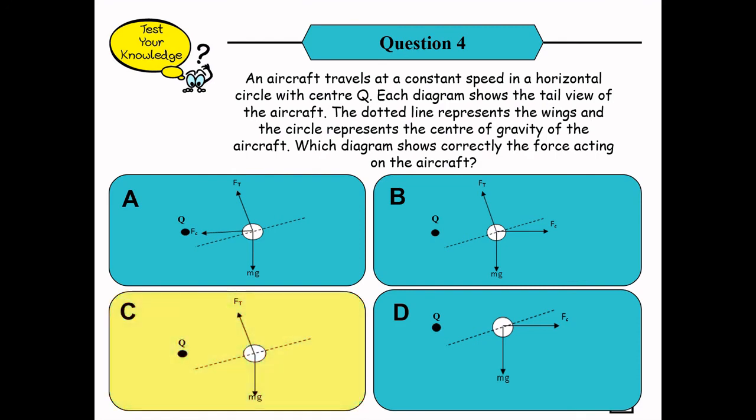The answer is C. When we look at all the diagrams, we must notice that the centripetal force should not appear on a free body diagram. It is because the centripetal force is the net force on the system.